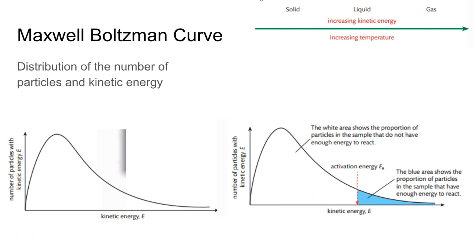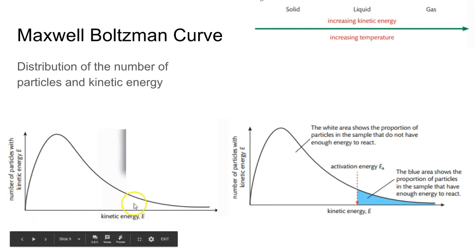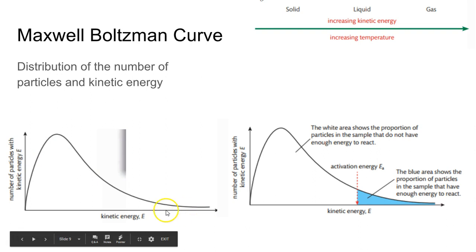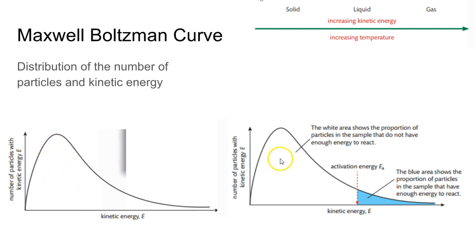Okay, the Maxwell-Boltzmann curve. These are curves that show the distribution of the number of particles against the kinetic energy. Okay, and they kind of look like this. They pretty much show how many particles are on average going to have this much energy and this much energy, and so we can see that the majority of the particles are going to have this much energy.